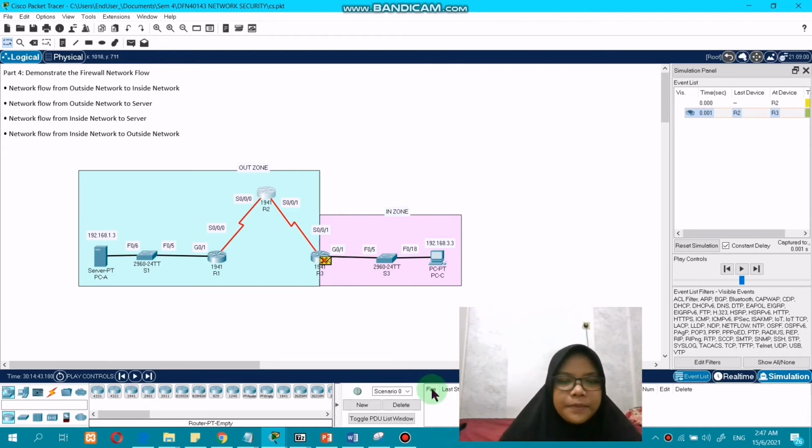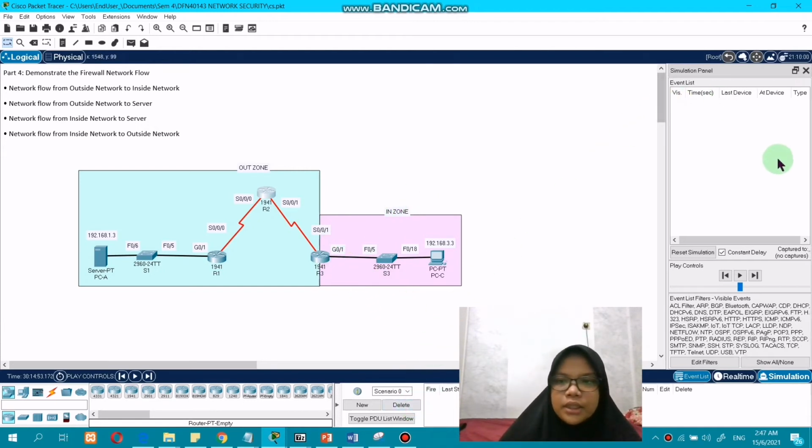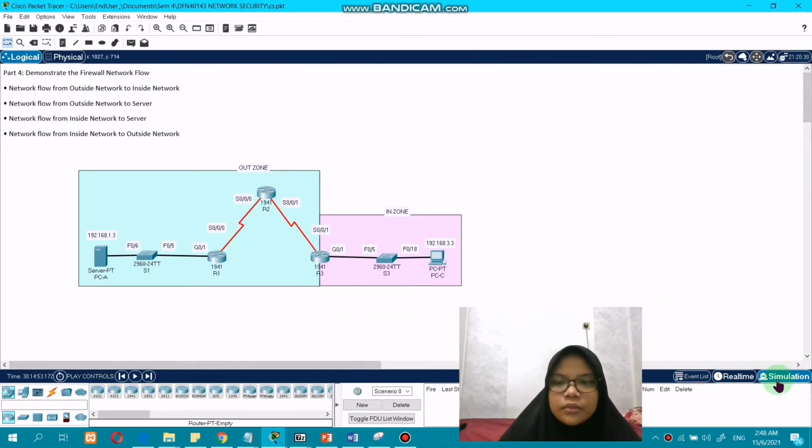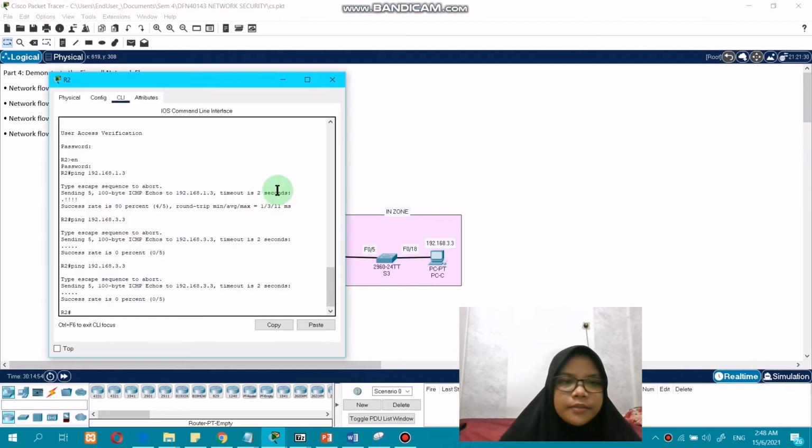So, go to the second network flow, from outside network to server. So outside network to the server, router 2, real time.